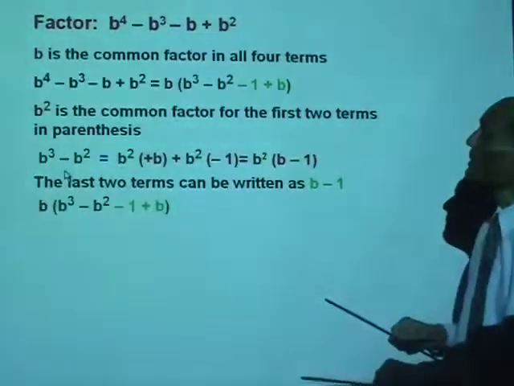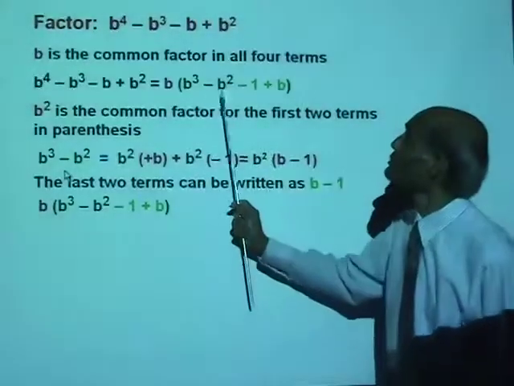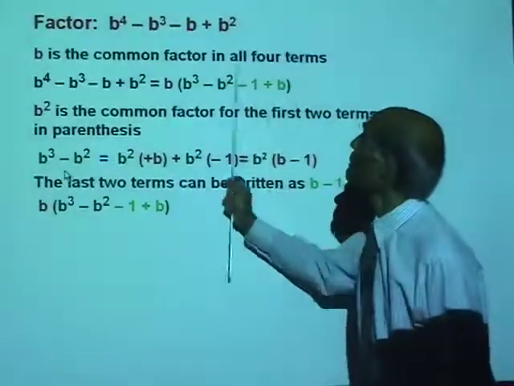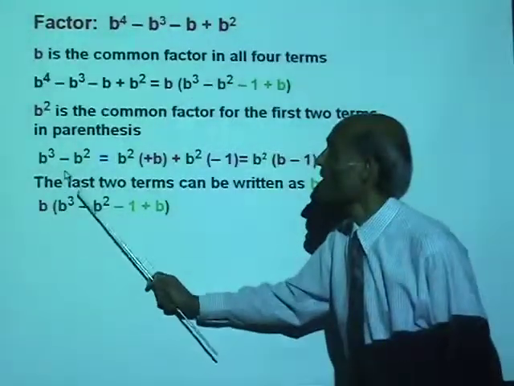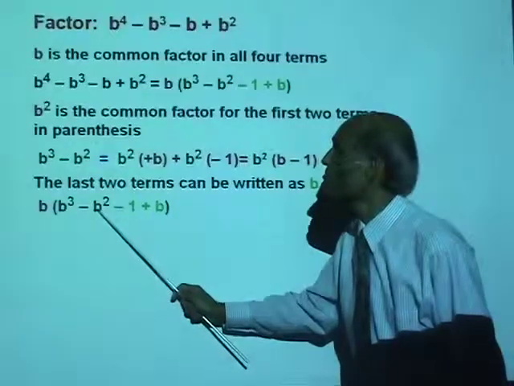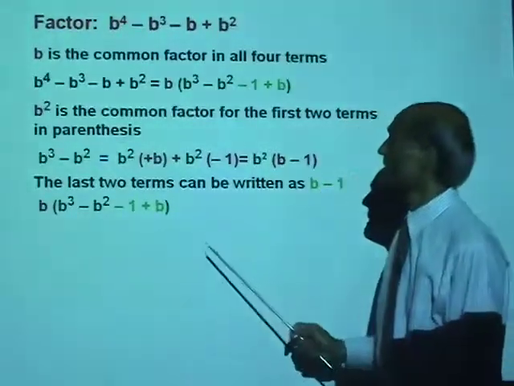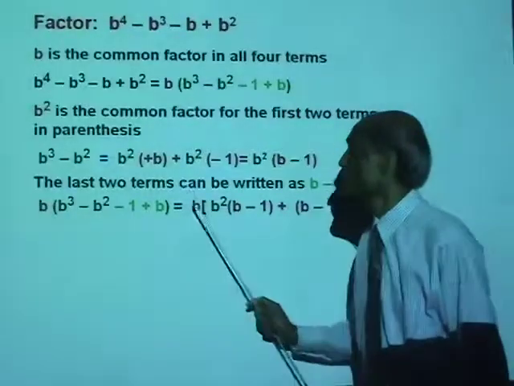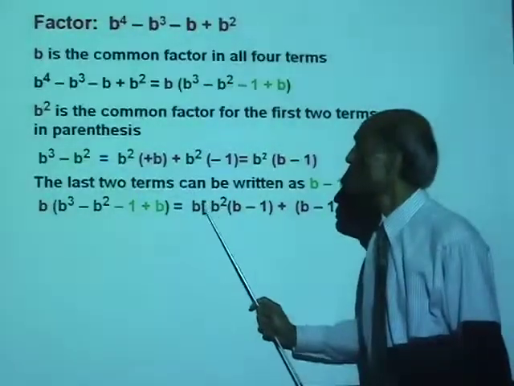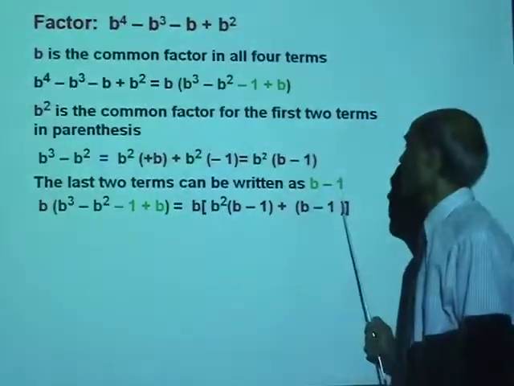And let's now combine all those together. What is therefore this equal to? b times b cubed minus b squared minus 1 plus b can now be written as b times, now look at the way I'm using a square bracket now. Why?